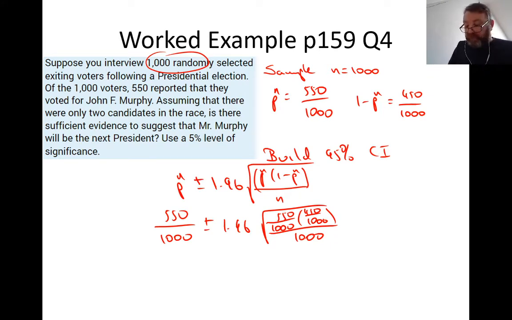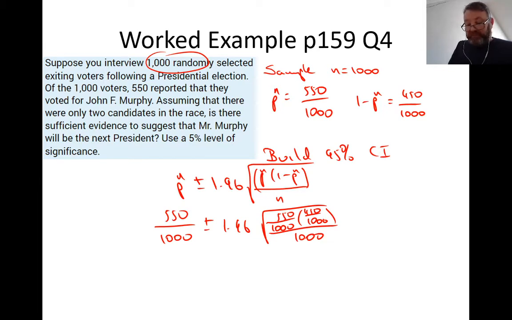Let's go to the lower value first: minus 1.96 times the square root of fraction and fraction. Make sure you press your keys slowly and make sure they all go in. 550 over 1,000 multiplied by 450 over 1,000, and then that's over 1,000, which is the value of n.